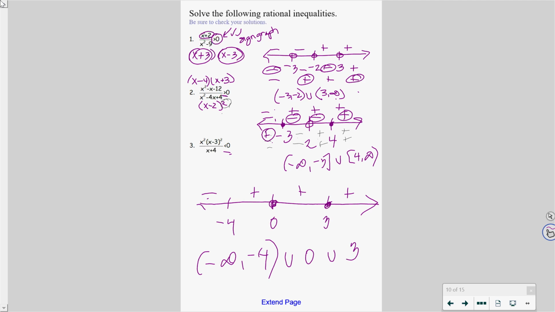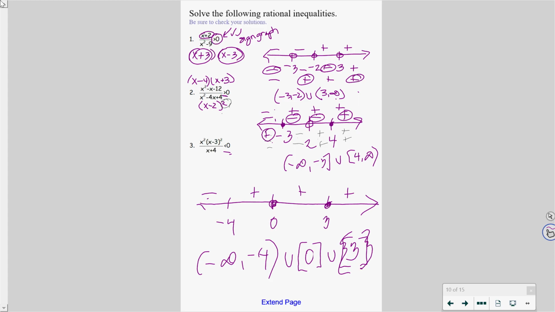I'm fine with you just having numbers like that. Sometimes you'll see the book answer, put it in brackets on its own, or you might even see like the little curly brackets. I just like the numbers themselves. Yeah, they're zeros.